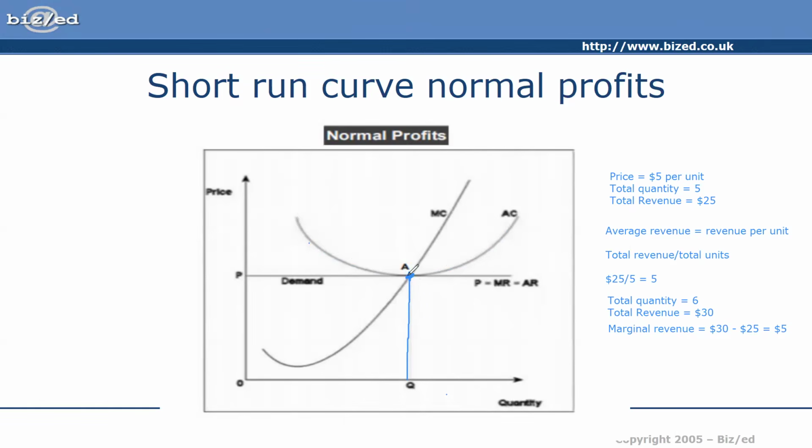And if you notice, the average cost curve touches the average revenue curve at this exact point. So they're equal. When the average cost is equal to average revenue at this point, that's when you have normal profits. So I'm going to draw the same curve again on the side, to see if we get a better understanding. Right?